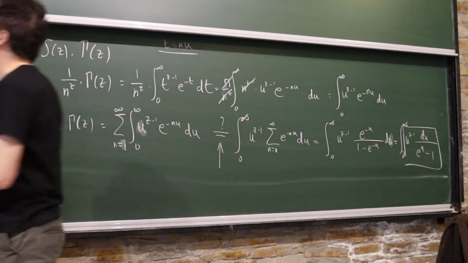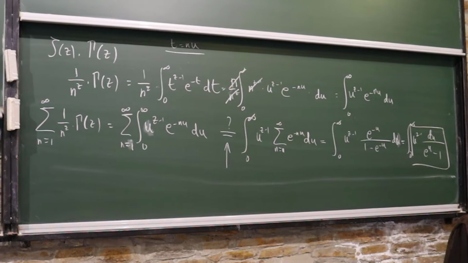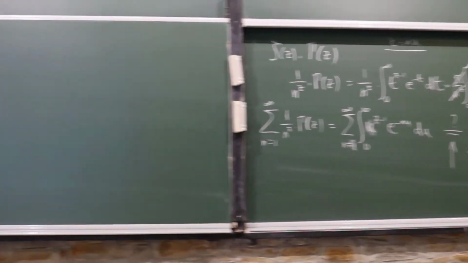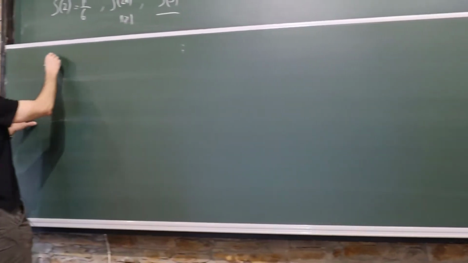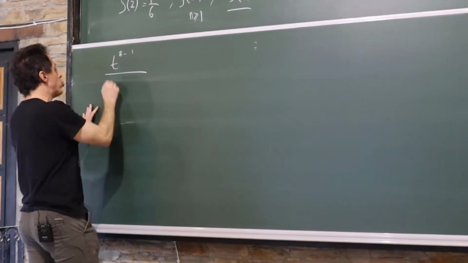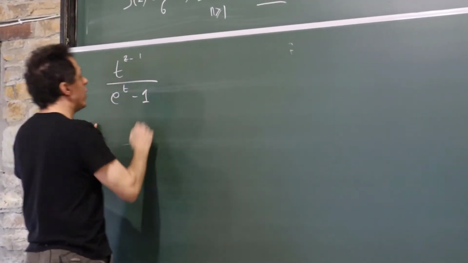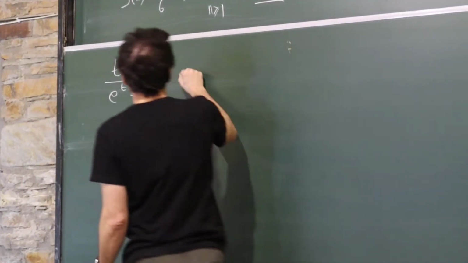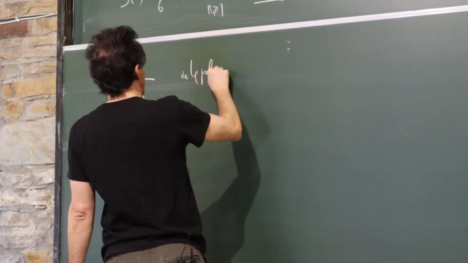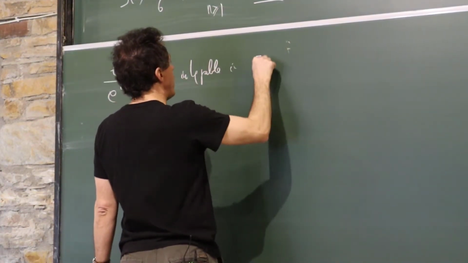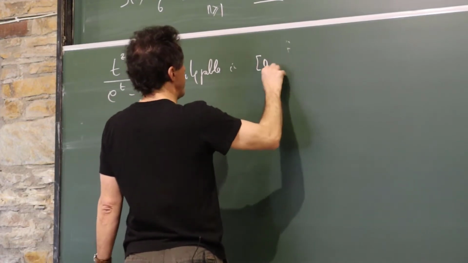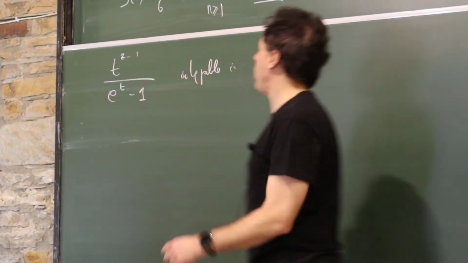We are going to verify that this function is integrable. I return to the variable t: t to the z minus 1 over e to the t minus 1. We are going to see that this is integrable on 0 to infinity.